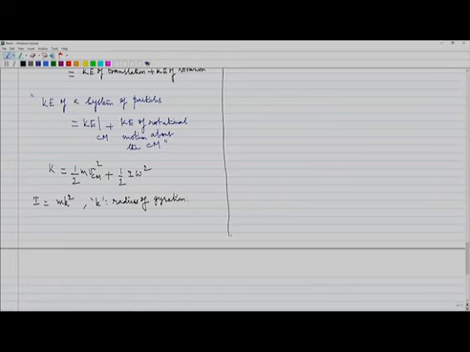Now the rotational term is half m k squared v cm squared by r squared.